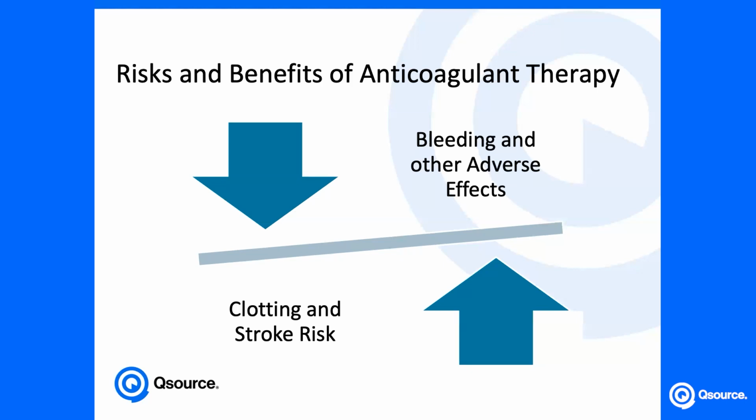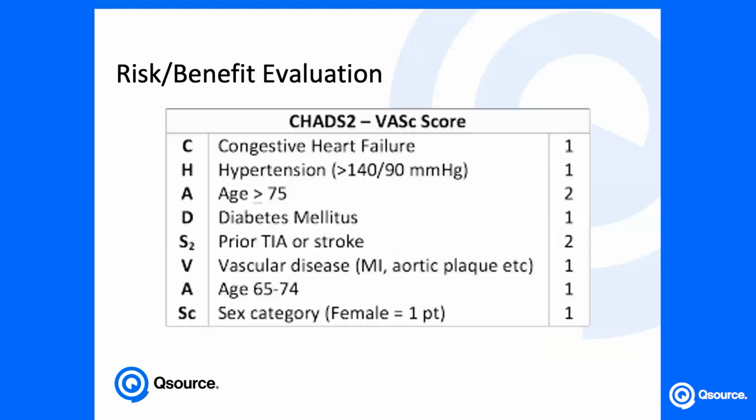There are some ways that we can evaluate risk and benefit. One of the ways is to determine if the patient is at high risk of clotting. With atrial fibrillation, we can use this score called the CHA2DS2-VASc score. It pretty much gives points for different disease states that patients may have. So as a patient gets above 75, they get points.